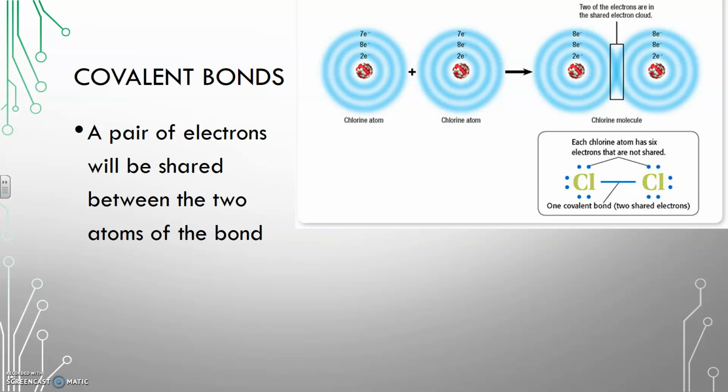Okay, and so it shares one electron each, which means that the chlorine atom on the left gets an extra electron from the chlorine on the right, but then it also shares another electron with the chlorine on the right. Okay, so in this case, you've got the two electrons that are forming the bond, the covalent bond between these two chlorine atoms. Okay, and that creates a covalent bond.